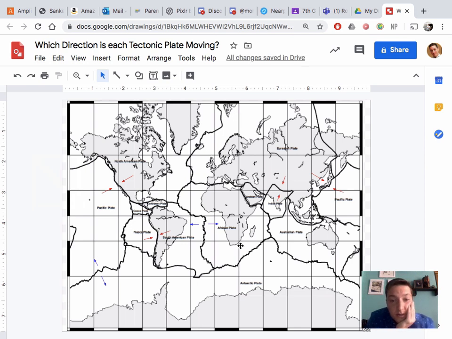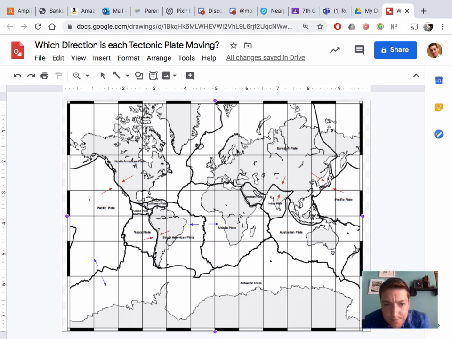So you're going to fill in as much of the map as you can, and then if you can't figure out some tectonic plate boundaries, you're just going to make those transform. Transform means that they're moving side to side, if you watch my other video.